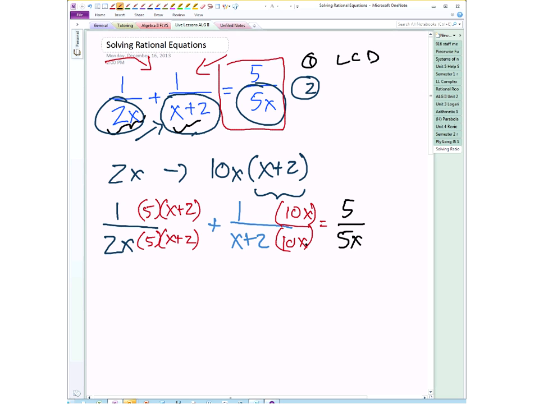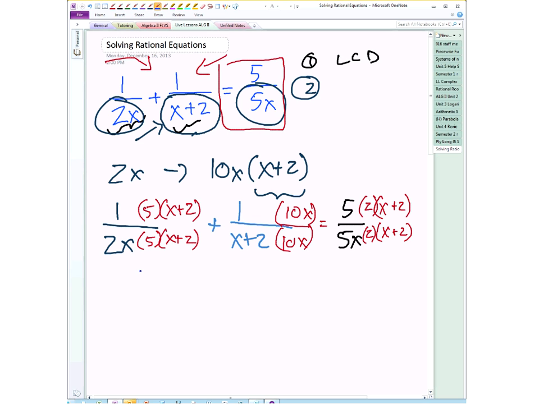To get a 5x to equal 10x times quantity x plus 2, I'm just going to multiply top and bottom there. By the way, I've got a few students on netbooks or smaller laptop screens; sometimes when I get too far to the right, you might have to use your scroll bar at the bottom. All I'm doing is multiplying 5 over 5x by 2 times the quantity x plus 2 over 2 times the quantity x plus 2.